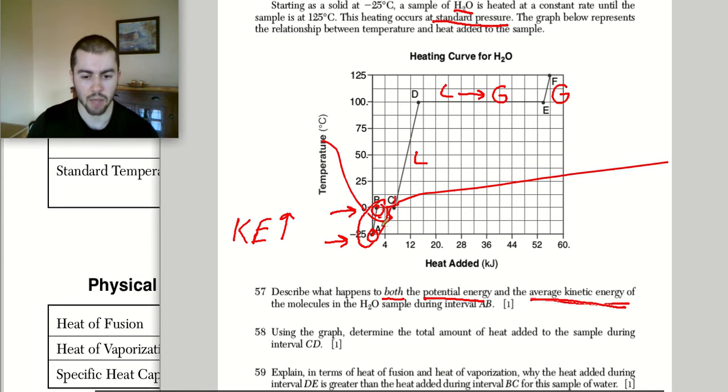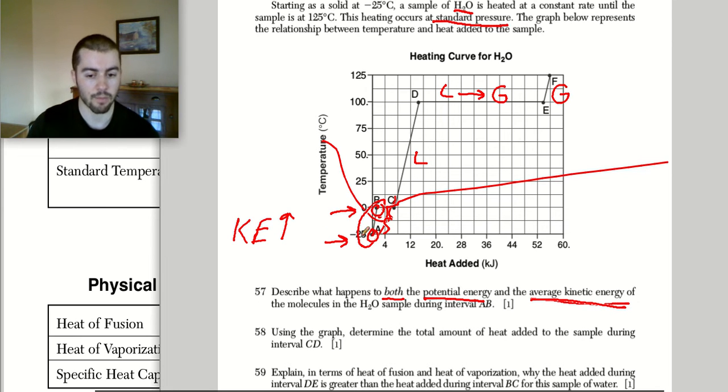So for section AB, this is all in the solid phase. All we're doing is increasing the temperature of these particles. So we are increasing the kinetic energy of the particles, but the potential energy is staying the same because it's in the same phase. If we were changing our phase, let's say from solid to liquid, that's going to result in an increase in potential energy because we've taken those intermolecular forces and broken them and spread those molecules apart.